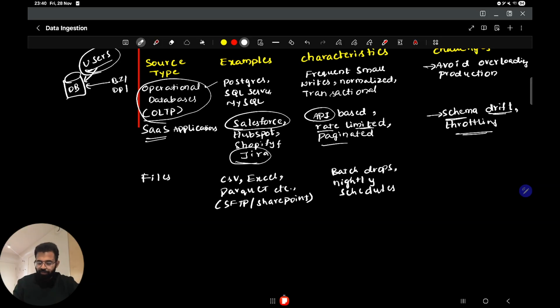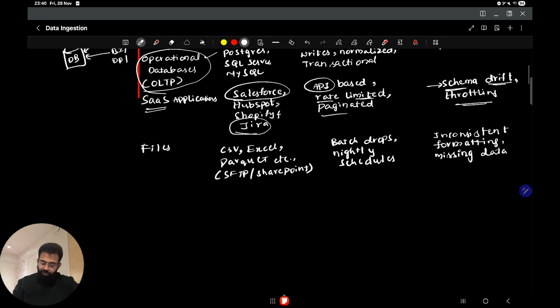Okay, and if you want to talk about the challenges involved, it is mainly the formatting issue, inconsistent formatting. Here again, I'm saying there can be more challenges than the ones listed here; I'm just listing the most common ones. And sometimes you might also encounter missing data.